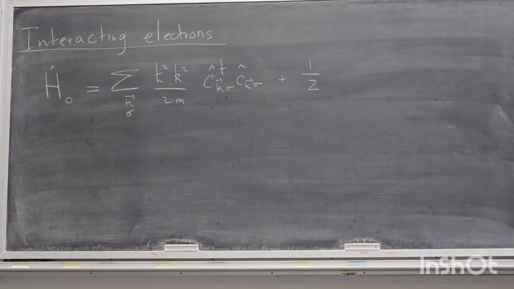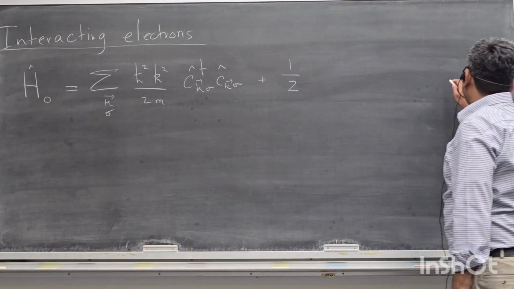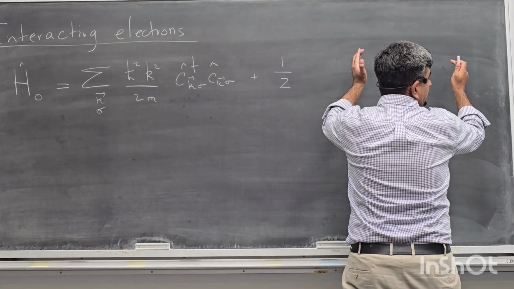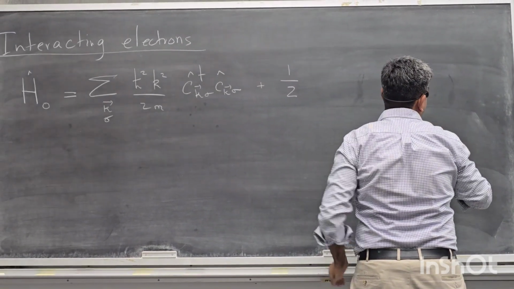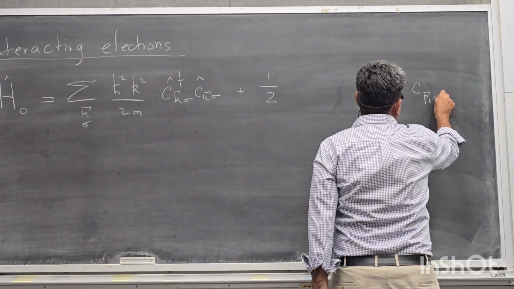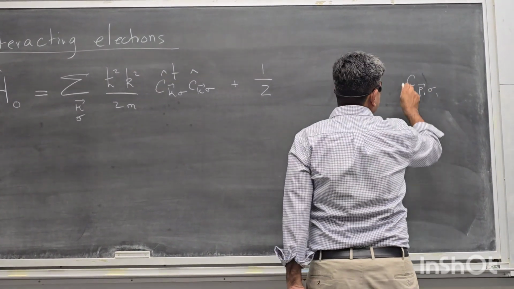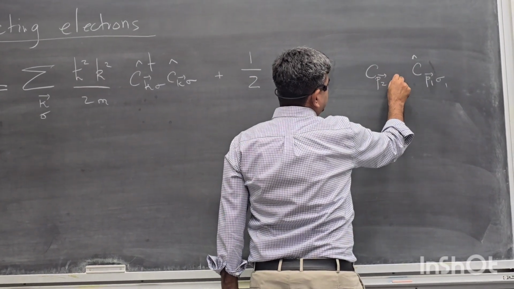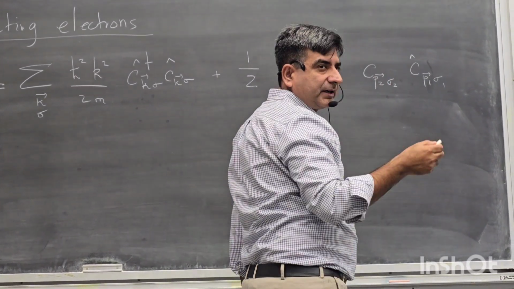This was our first online lecture. And this Hamiltonian is given by a quartic product of 4 creation and annihilation operators, c_{p1σ1}, c_{p2σ2}, where p1 and p2 are momenta.